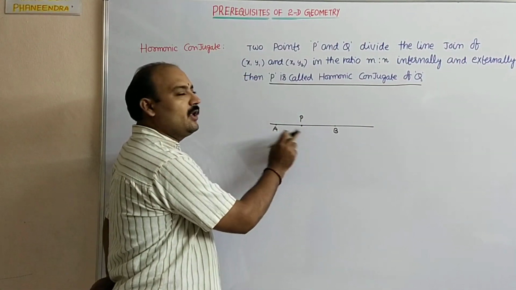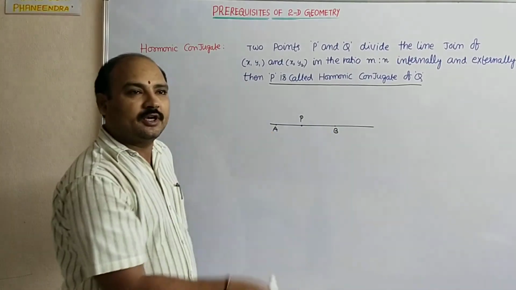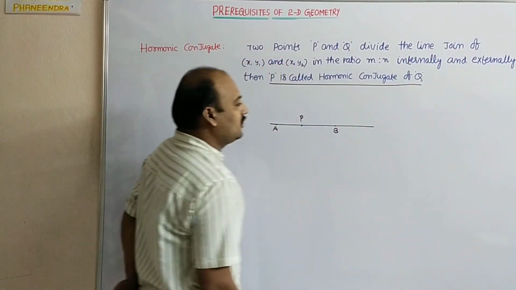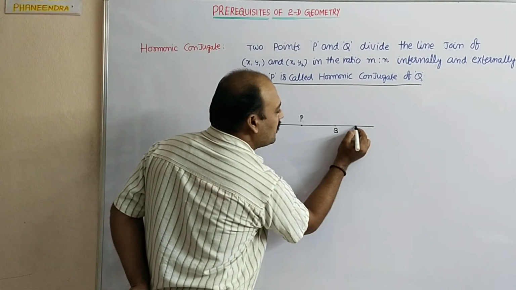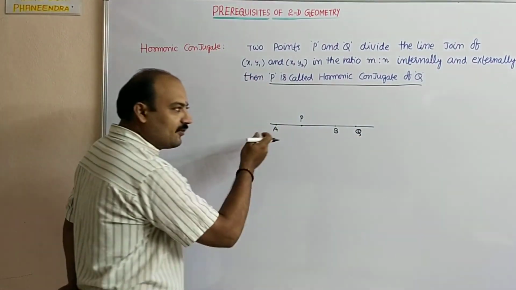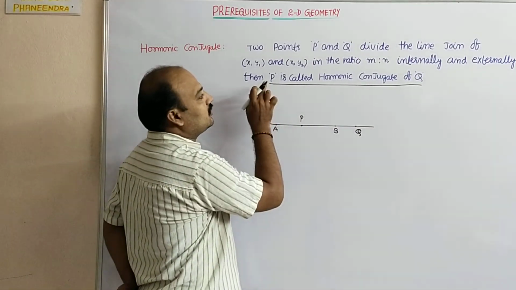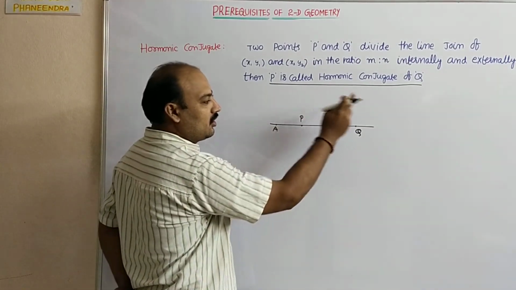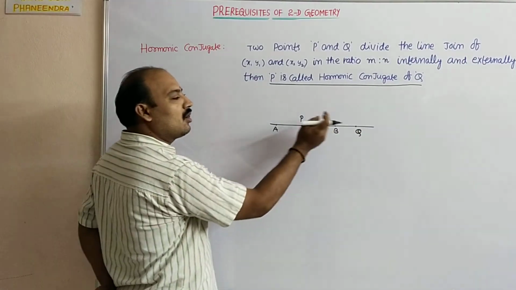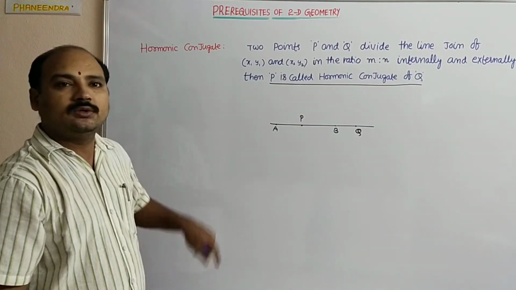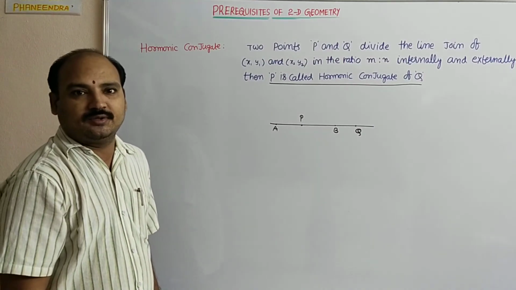P divides AB in the ratio of m is to n internally, and Q divides m is to n externally. So externally means the point should be here, Q is away from A, B. So therefore this P is called the harmonic conjugate of Q, or Q is the harmonic conjugate of P, vice versa. This is about harmonic conjugate.